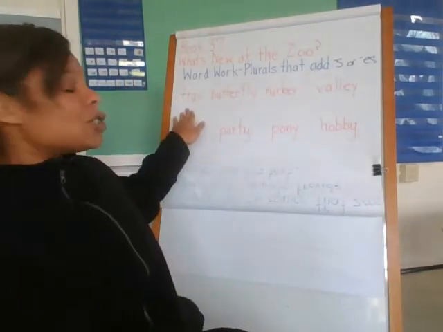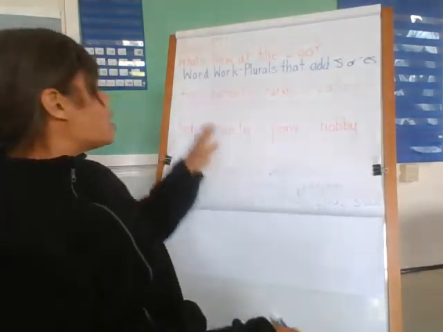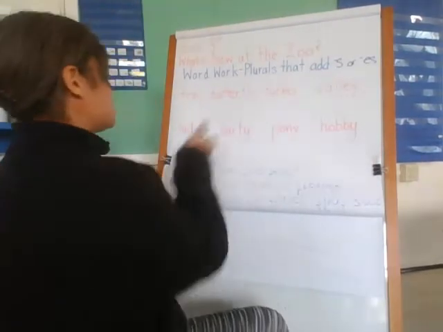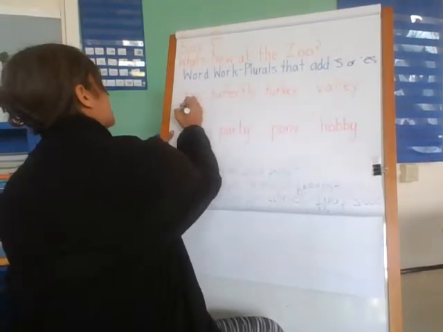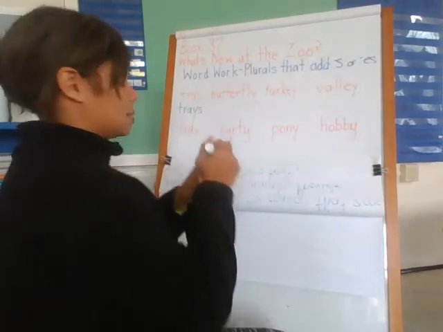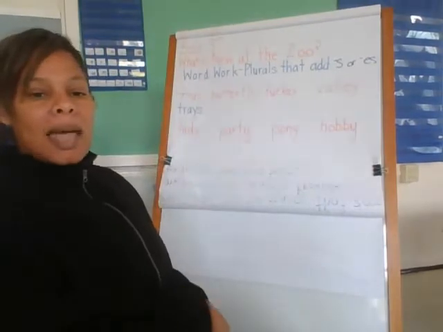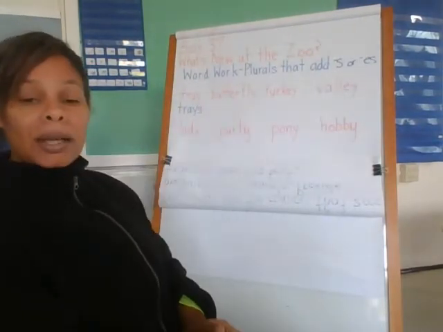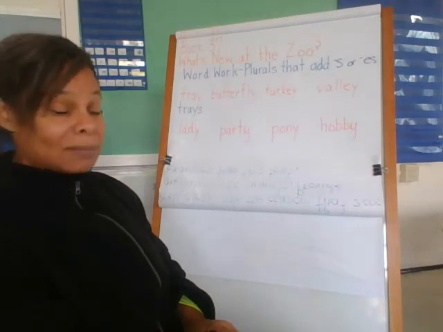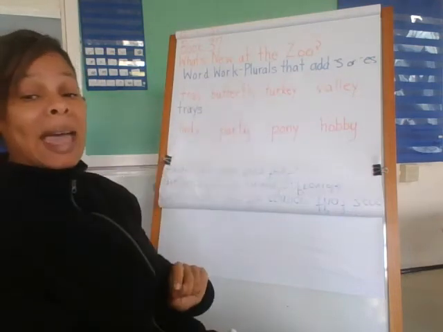So the first word is tray, like a serving tray. To make this plural very straightforward, we can just add an S. So it becomes TRAYS, okay? Next, we have the word butterfly. If we wanted to make it plural, we would drop the Y and then add IES.